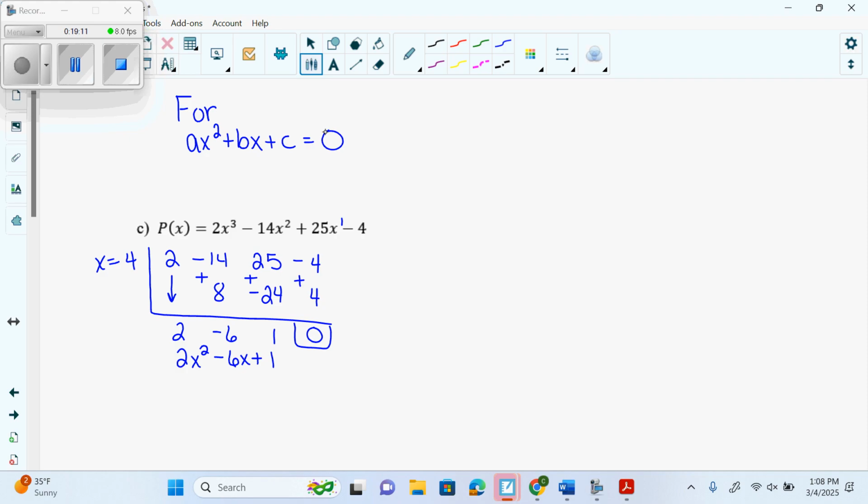The quadratic formula is x equals -b plus or minus the square root of b squared minus 4ac, the entire thing over 2a. So, ax squared plus bx plus c is what form we need it in, right?